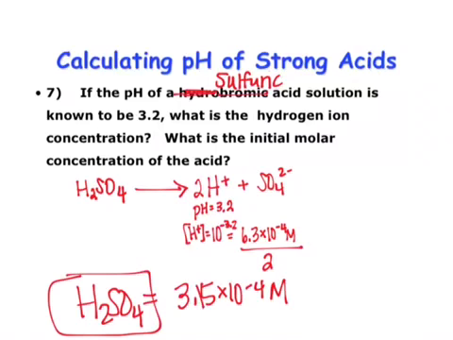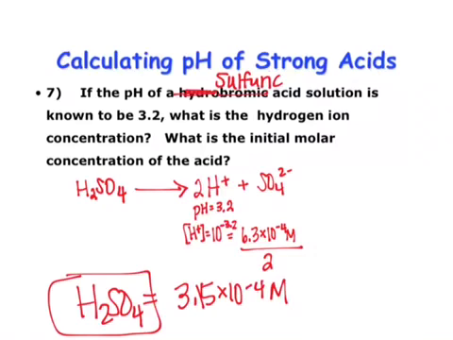So you've got to look at these coefficients in front, too, when we're talking about strong acids and strong bases. So everybody understands why we divided it by 2. This is for all of this H+, right? But if we look at the stoichiometry, for every one of these, we get 2 of these.